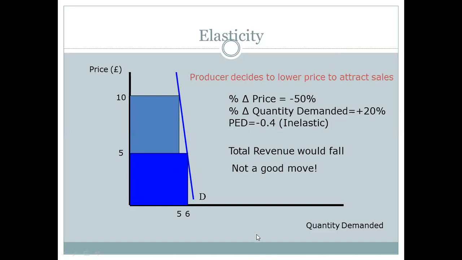And look at this quantity demanded. Here, it changed from 5 to 6 only, and quantity demanded increased by only 20%. So price elasticity of demand is equal to minus 0.4, and according to our formula and our rule, it's called inelastic.